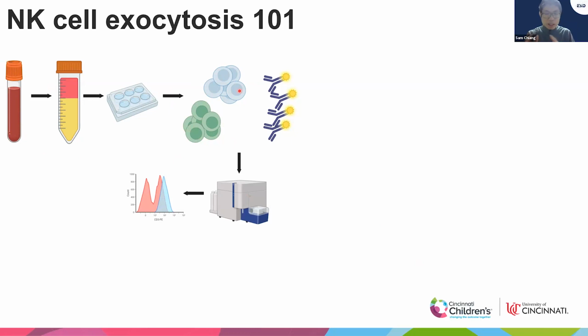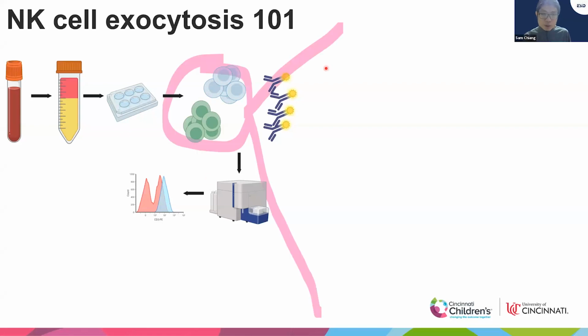Leave them to mingle for a couple of hours, and then drop in some antibodies so that you can differentiate out T cells and NK cells. But more importantly, add an antibody against CD107A, stain it, run it on the cytometer, and then analyze the data. What I'm interested in is to explain what happens during this interaction.